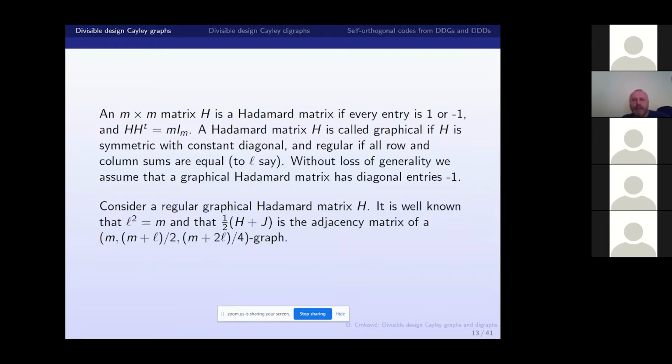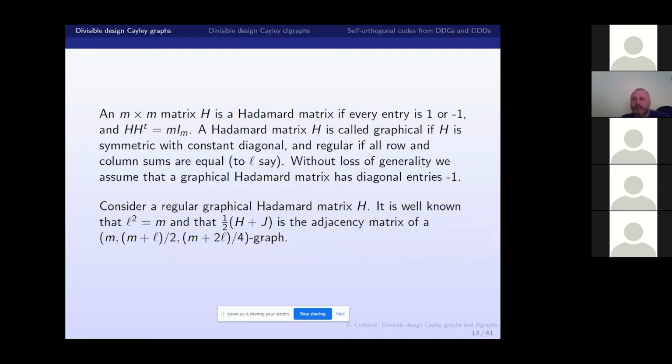Yeah, and the Cayley construction is actually closely related to Hadamard matrices. So what is a Hadamard matrix? If we have an m times m matrix H, it is called Hadamard if entries are plus and minus 1, and H times H transpose is equal to m times the identity matrix.